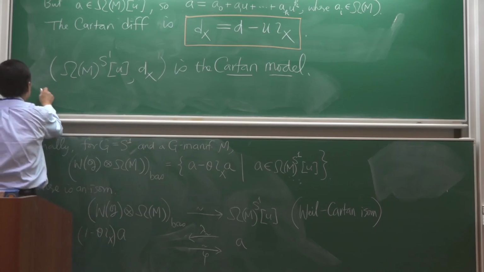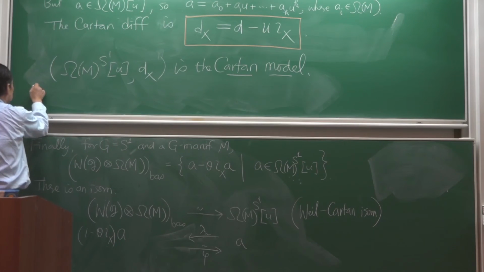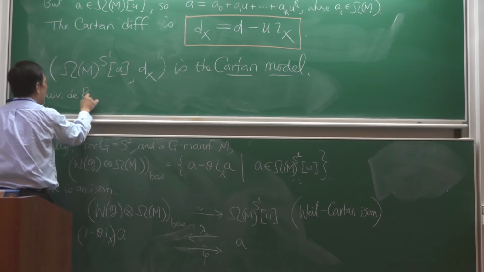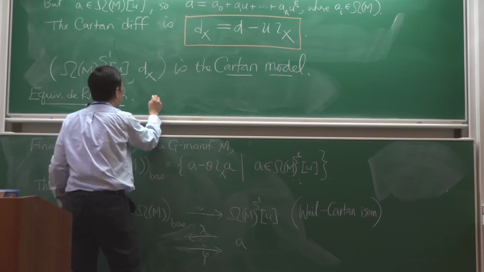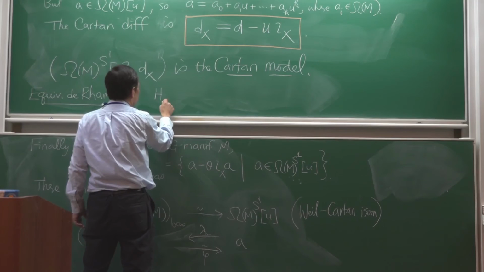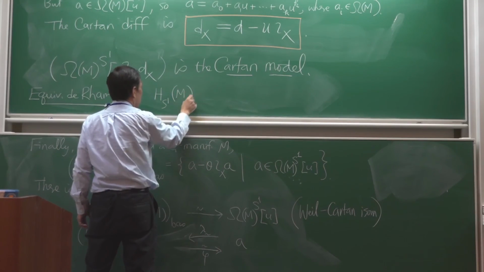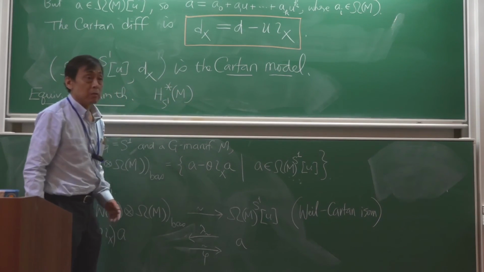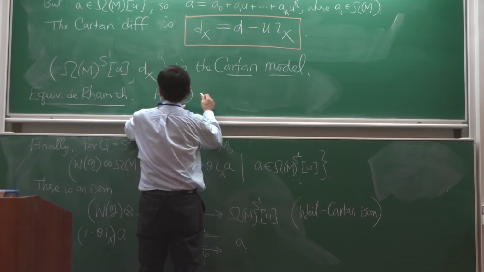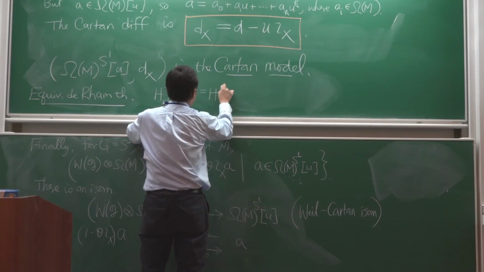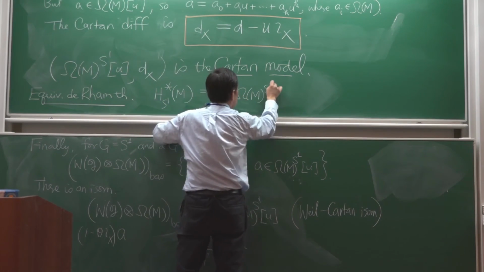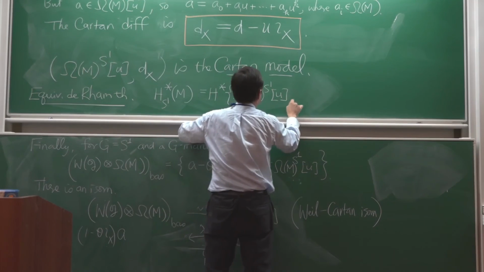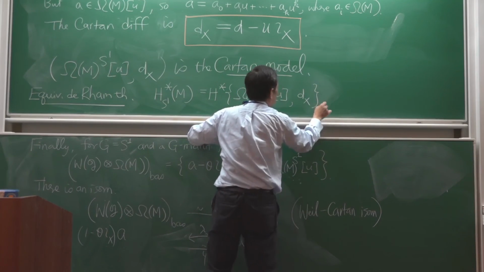And so another way to say the equivariant de Rham theorem is that the equivariant cohomology under a circle action of a manifold is the cohomology of the Cartan model.